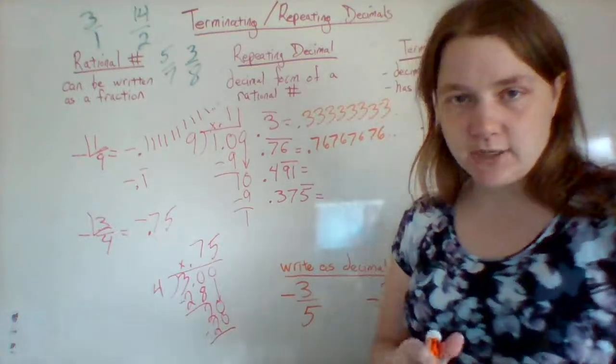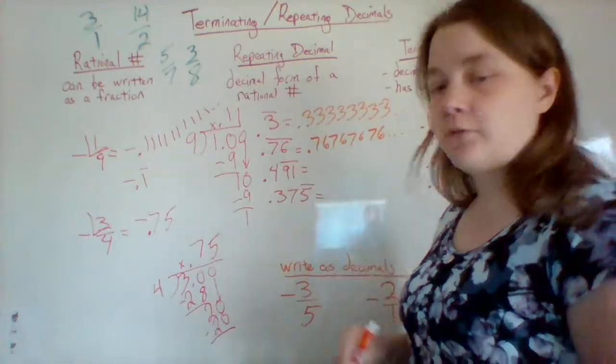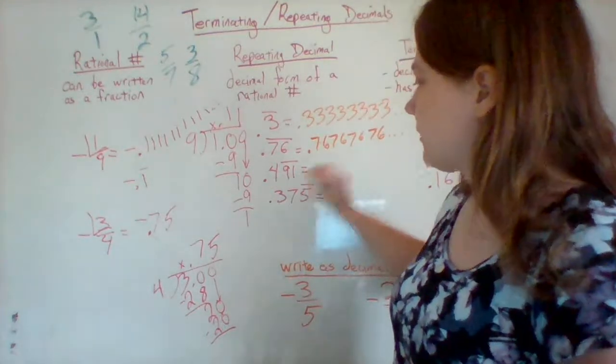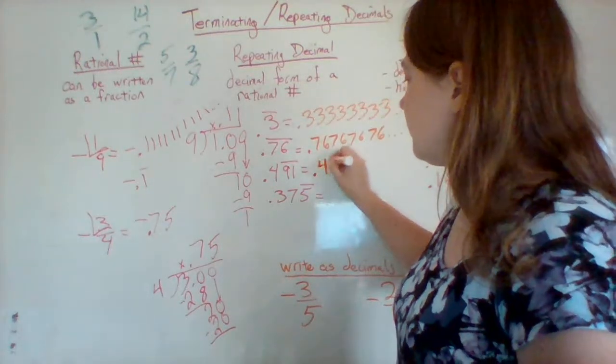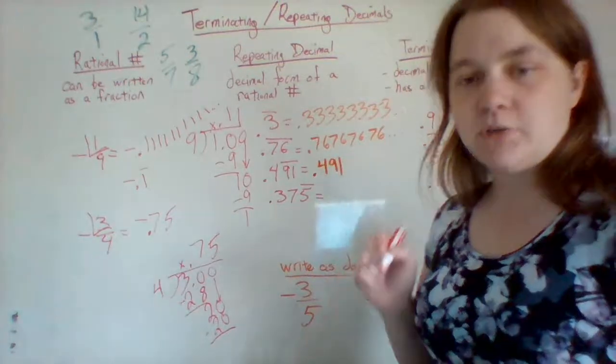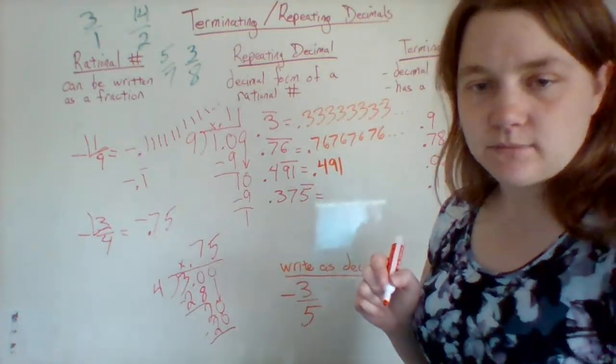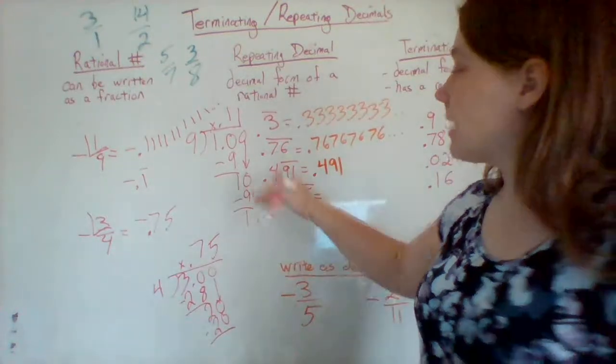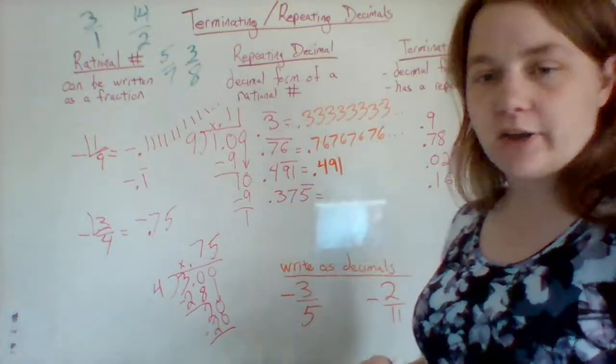Here's where people start to get a little bit confused. If we take a look at 0.491, the first thing we're going to do is write out the original number. What is the bar notation on top of? The bar notation is only above the 91. It's not above the 4. So that 4 is not going to come up again.